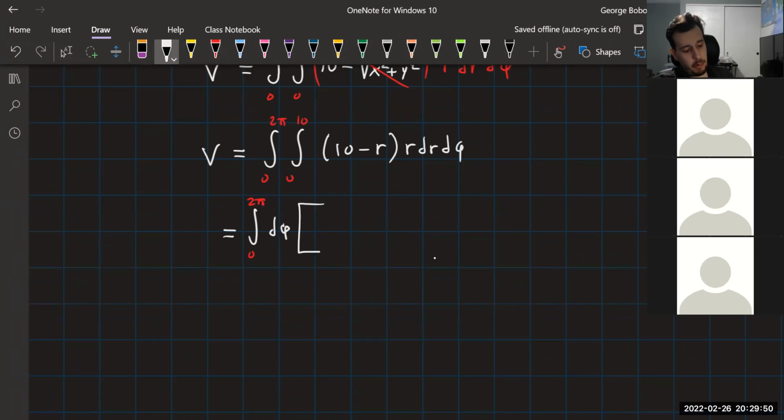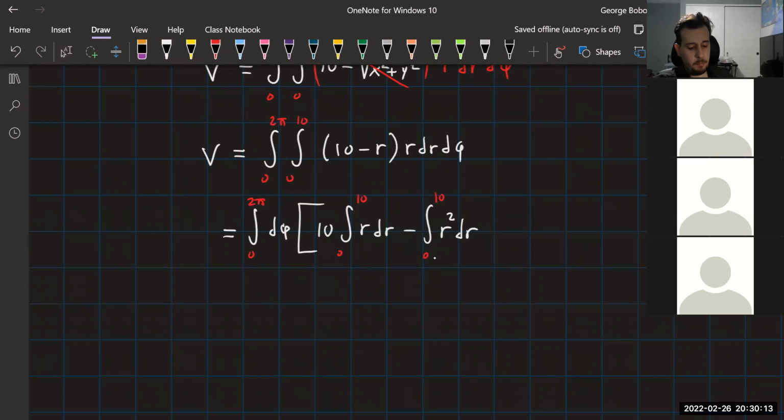And then inside, we can do 10 r dr from 0 to 10, and then minus r squared dr from 0 to 10. Nice.